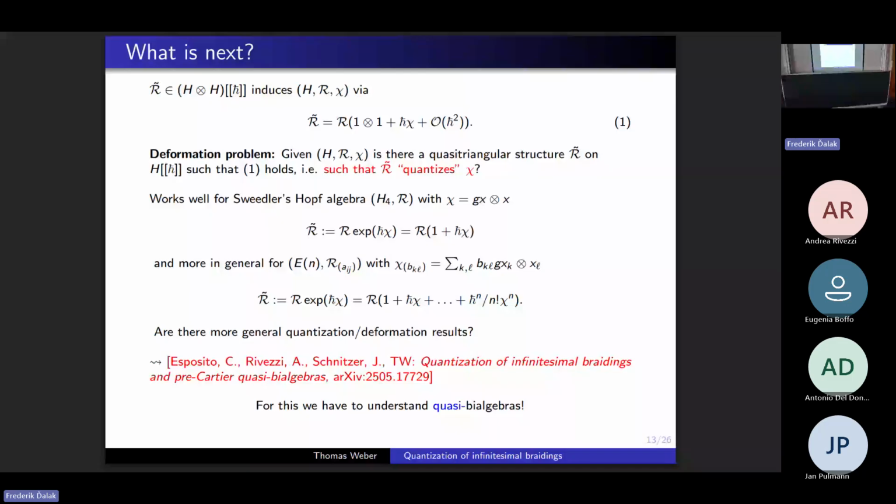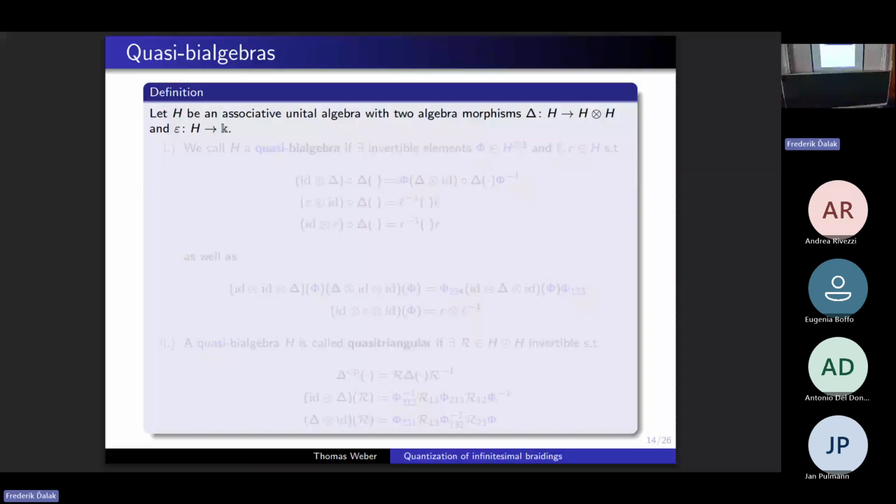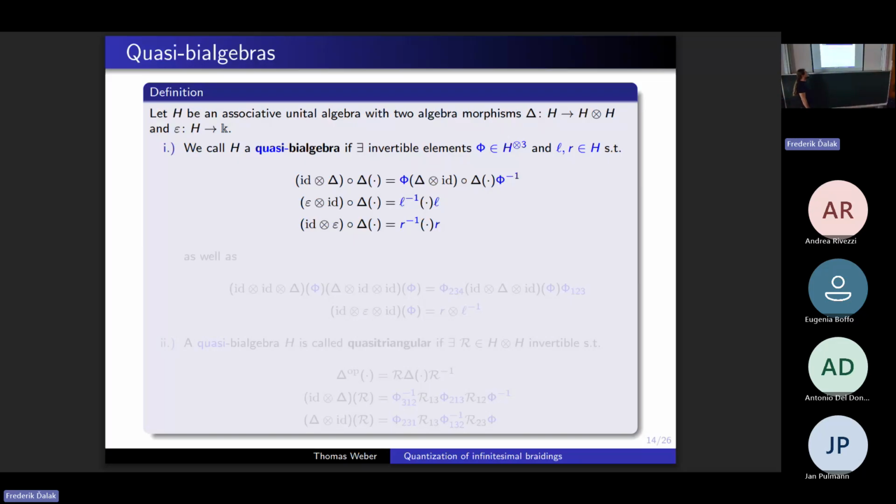Here is a slide to explain what is a quasi-bialgebra. You start with an associative algebra H, and you have two algebra morphisms, delta and epsilon, that are of course your coproduct and your counit. But now you are only asking for a quasi co-associativity.